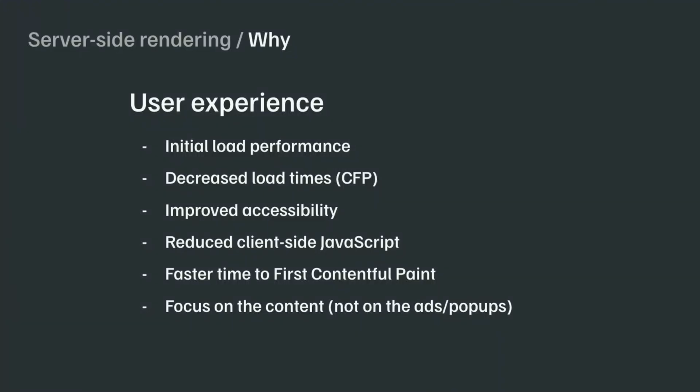Server-side rendering is a technique that is used mostly for user experience. People would use server-side rendering to make SEO happy, but SEO is just a proxy for user experience. So it loads faster, you get the content easily to the users, you have accessibility because the content loads first, and it's better overall. Of course, there are downsides.